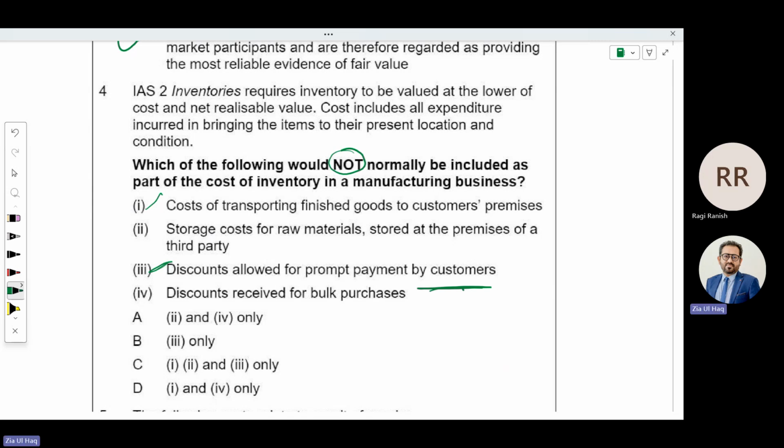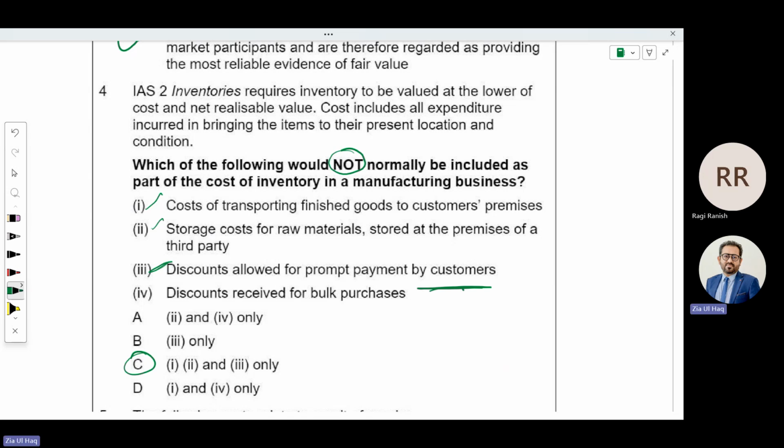Because 1 and 3 are clearly relating to after production, meaning relating to sales. These should not be part of cost. If there is no other option, we can assume this is also, so we can tick C. But storage cost of raw material should be part of cost.